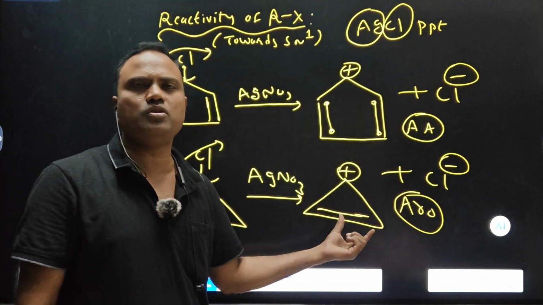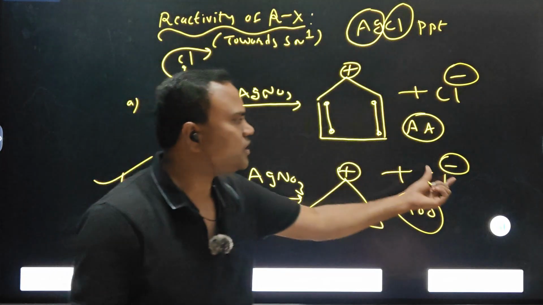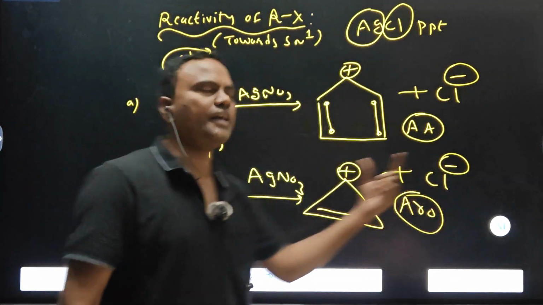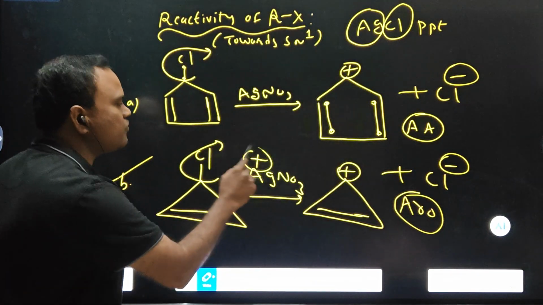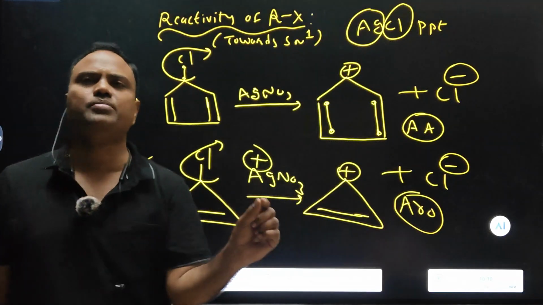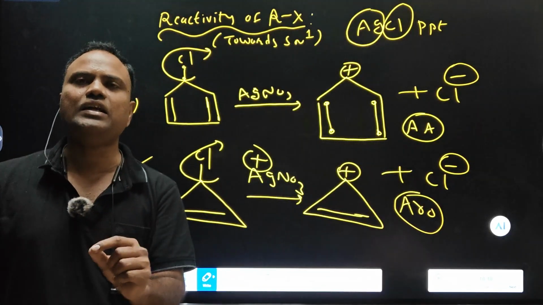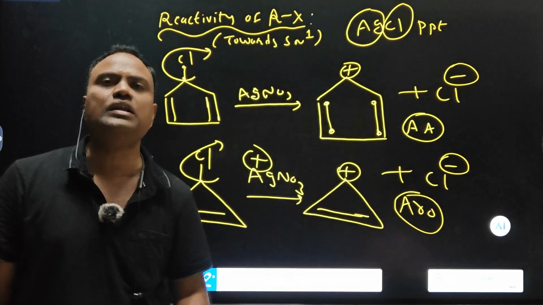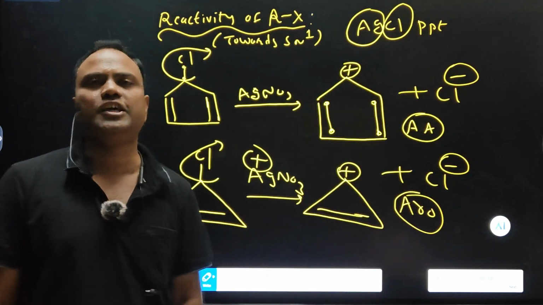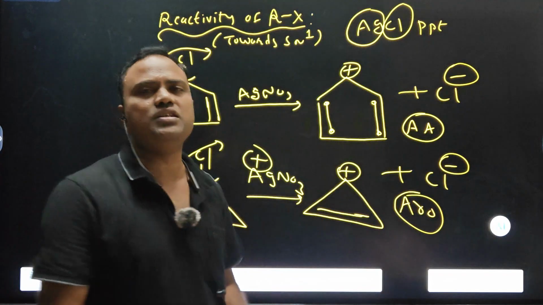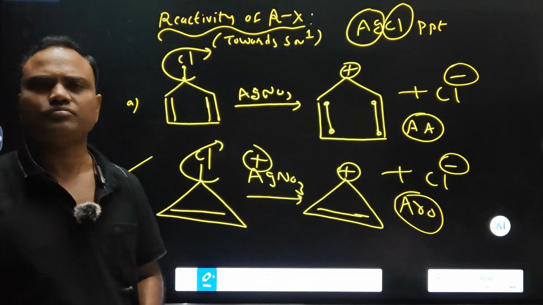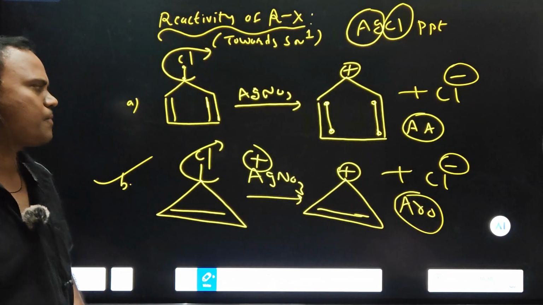This is forming stable carbocation. Here release of Cl negative is easy. This Cl negative reacts with Ag plus to form AgCl. So very simple thing. Remember, the alkyl halide which forms a stable carbocation readily forms AgCl precipitate with AgNO3. Concept is the same.